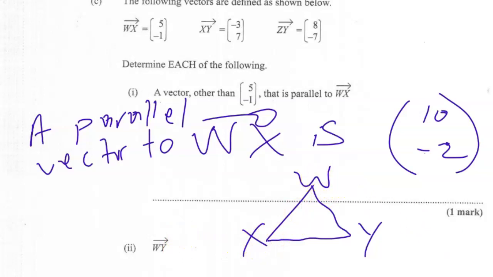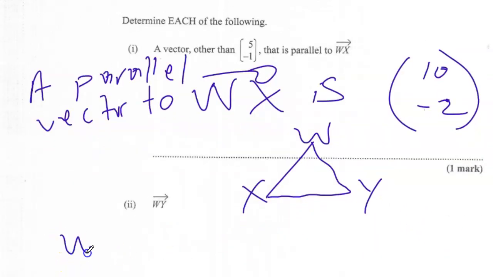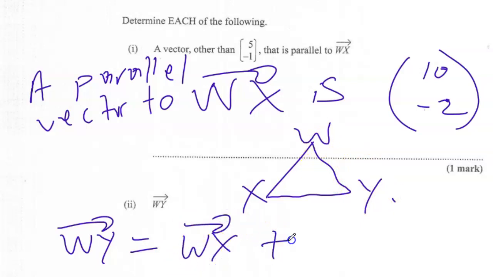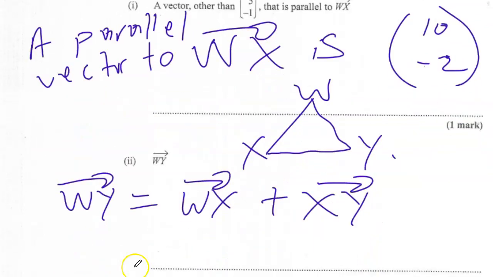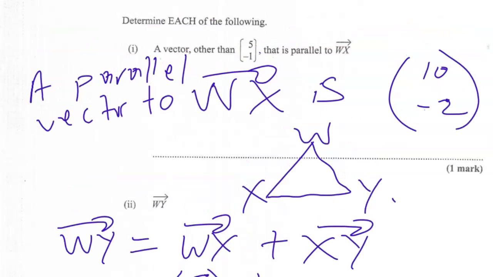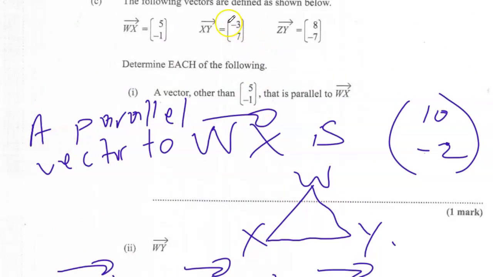Think of yourself walking and you want to get from W to Y. You can go straight from W to Y, or you can go W to X and then X to Y. WX is 5, negative 1, and XY is negative 3, 7.